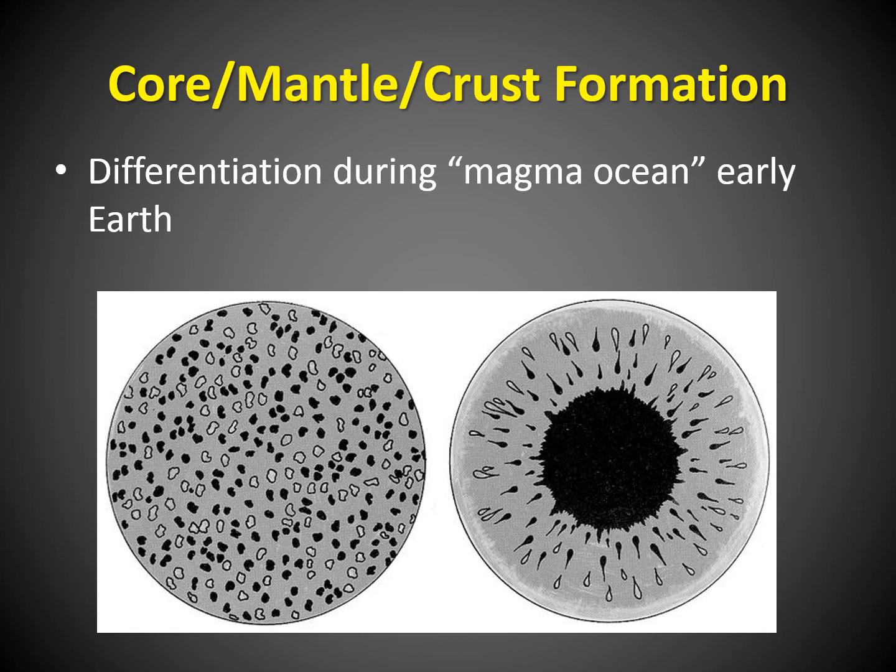And then the lighter materials went to the top. Lots of silica. It's much less dense than the nickel and iron. So we have this process of differentiation where we have core formation, crust formation, and the mantle is made of kind of the intermediate density materials.